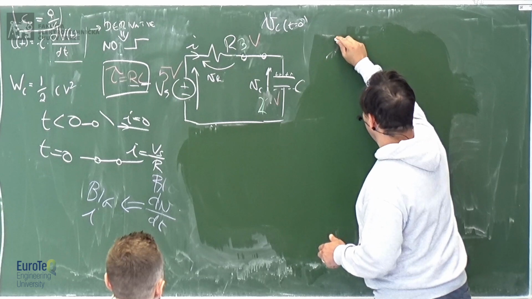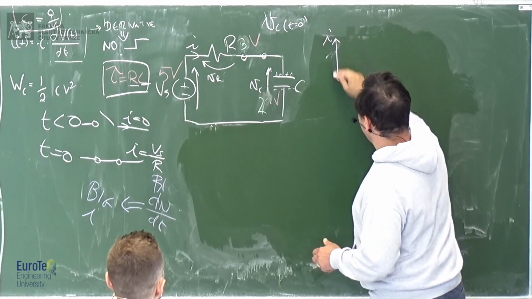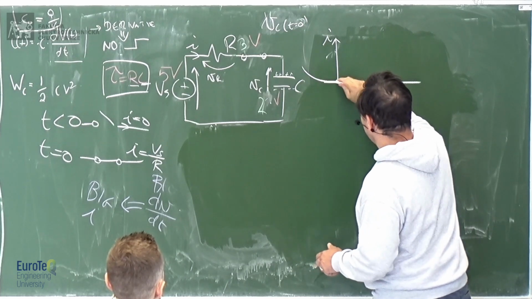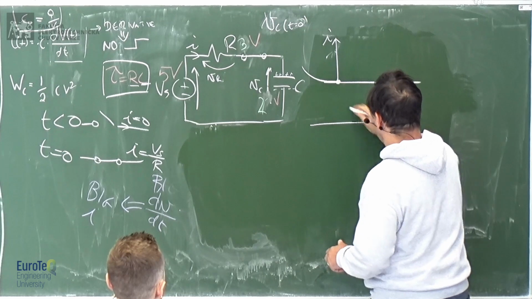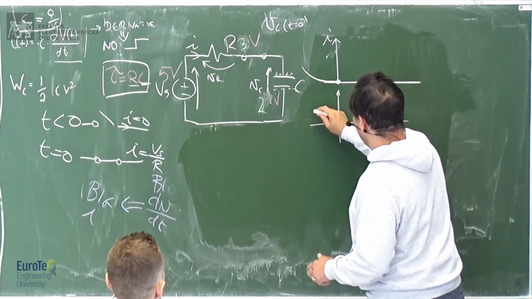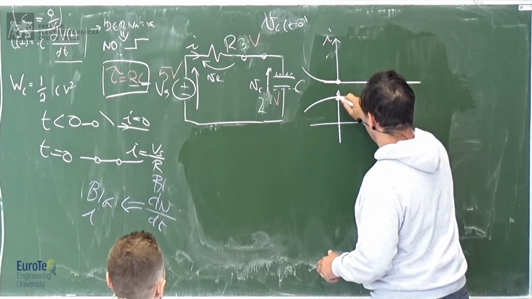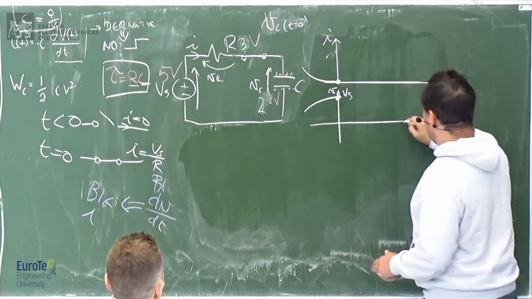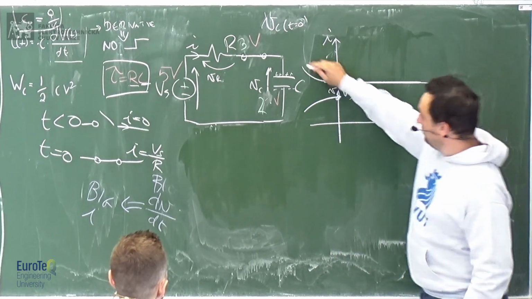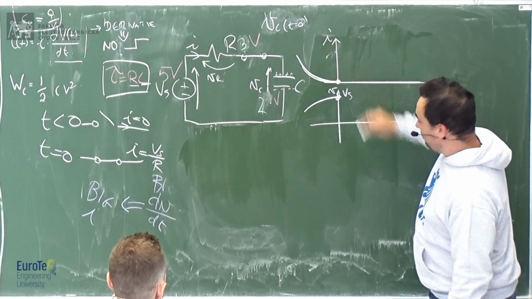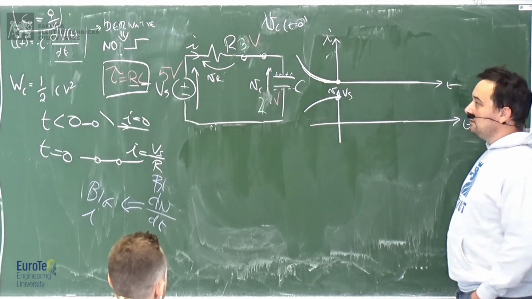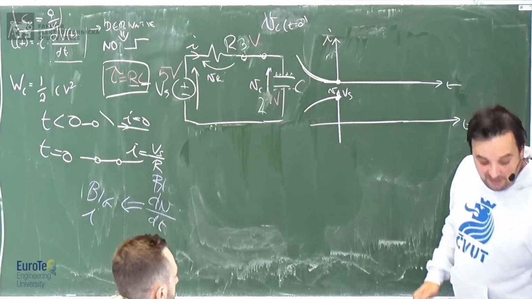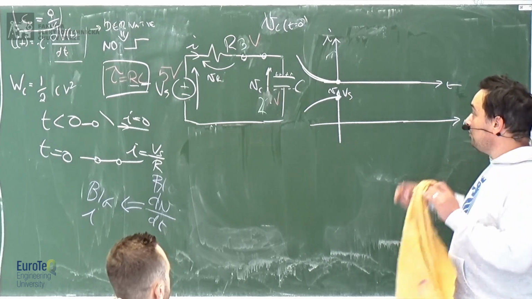So the current has finally arrived down to 0, and the voltage has built up and arrived at Vs. This is the voltage, this is time. Now, what happens if I discharge the capacitor?